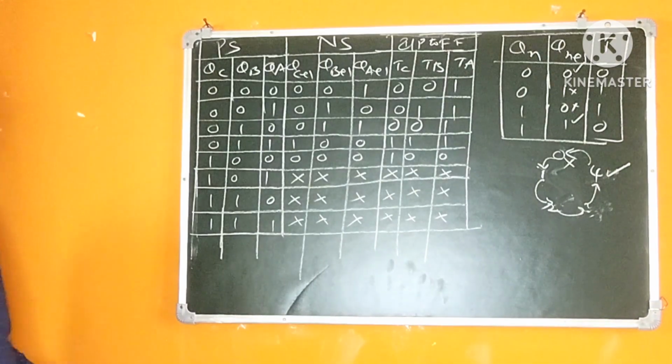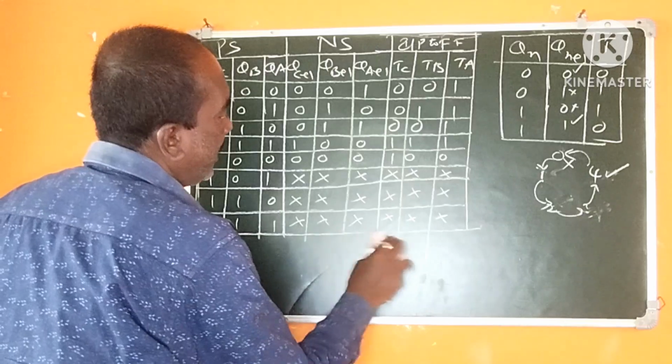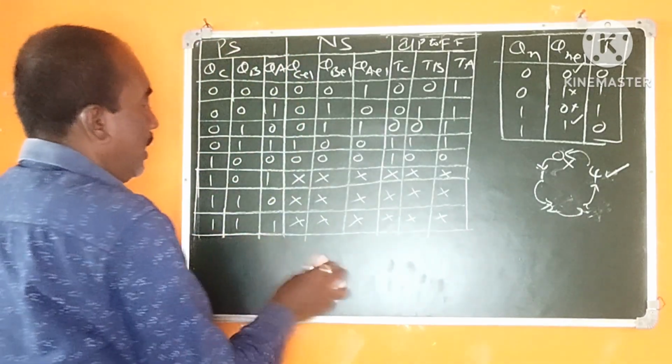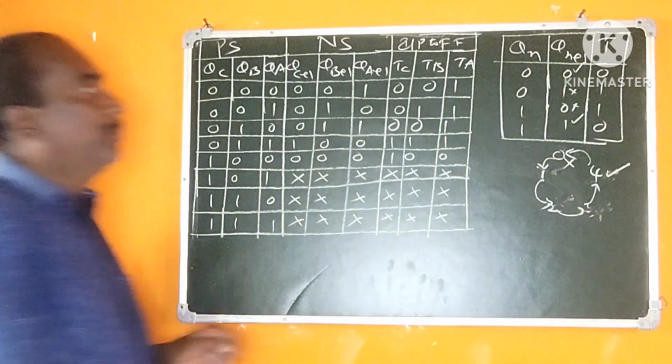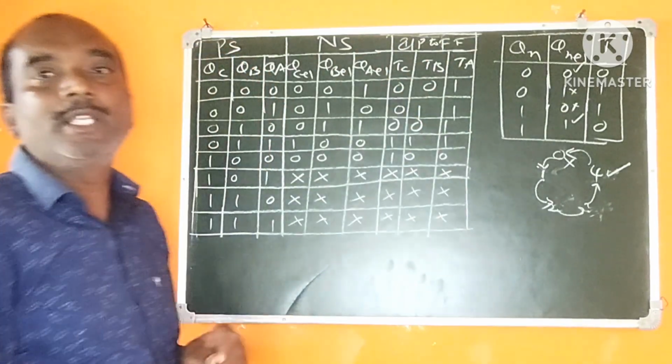Now, by using these present states and the next states, we can determine the inputs TC, TB, TA by using the K-map.